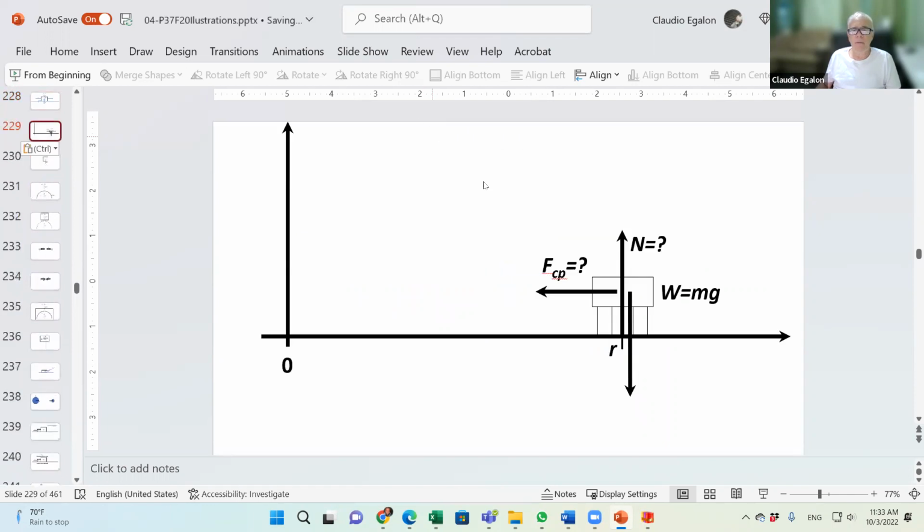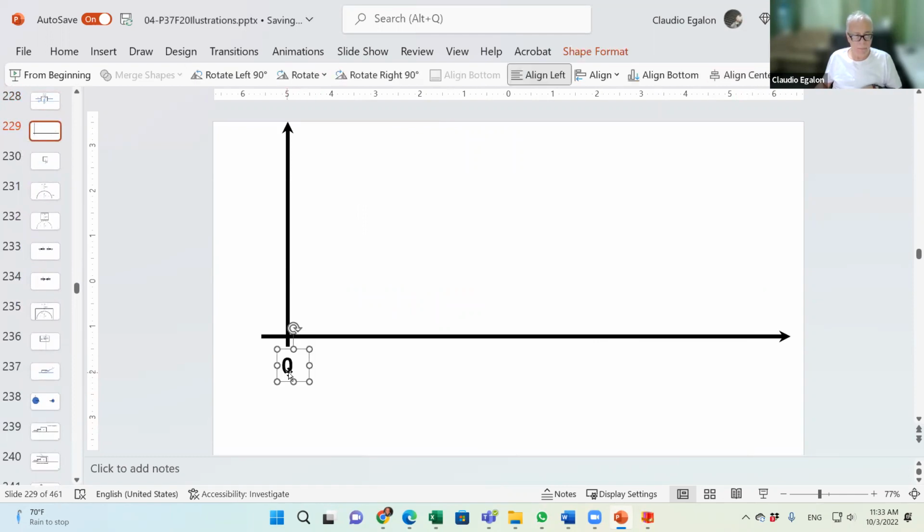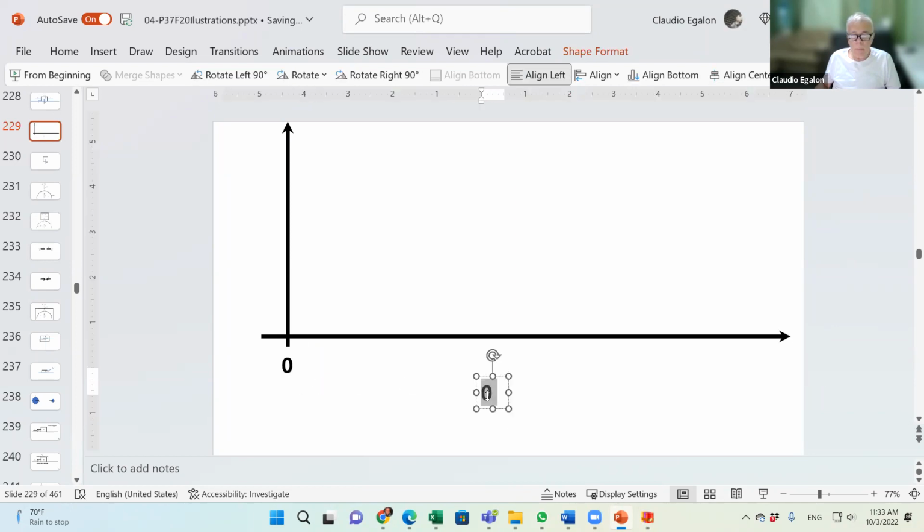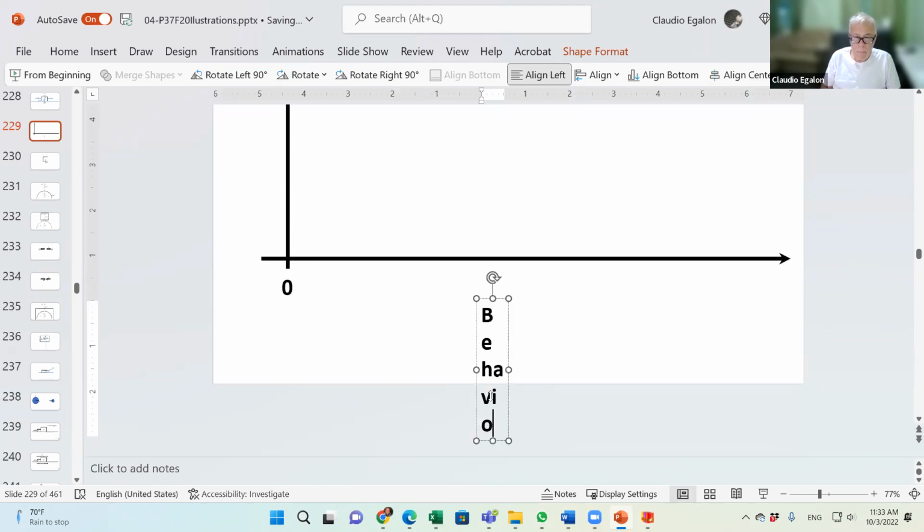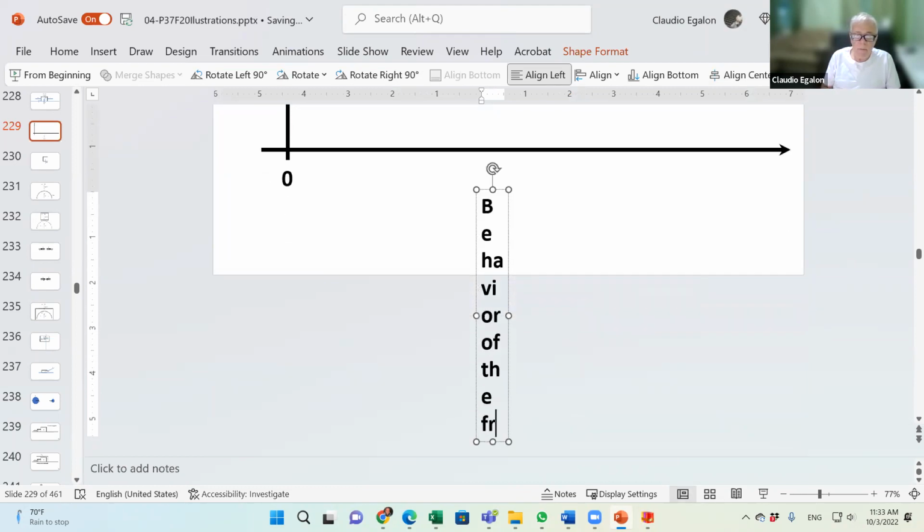How does the force of friction behave? Okay, behavior of the force of friction. You already had an idea from that simulation. Frictional force behavior.